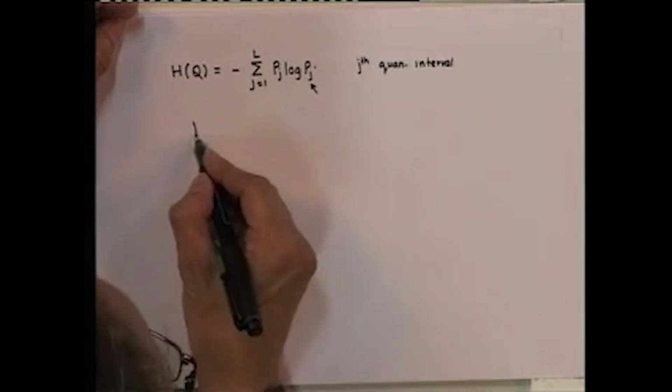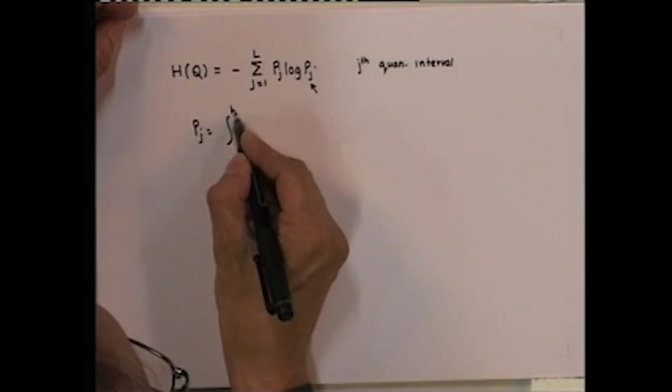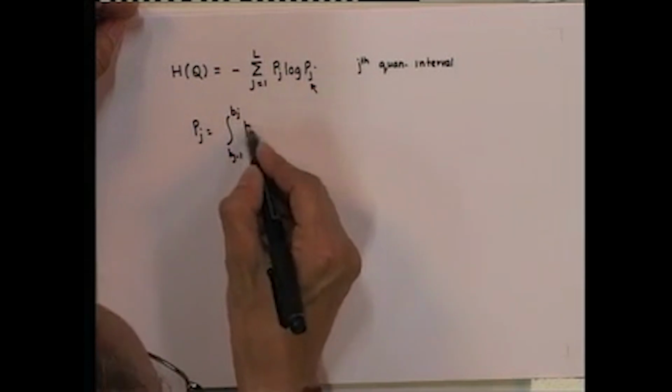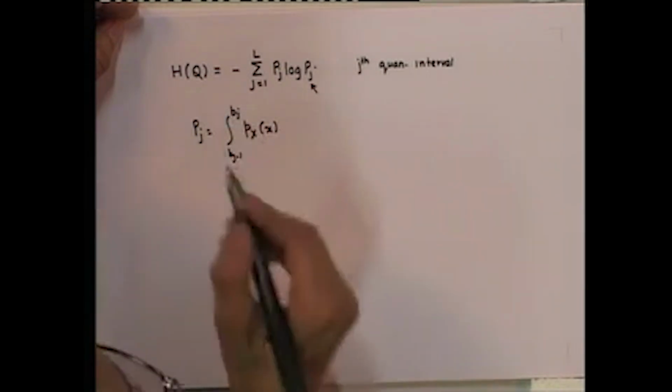And this probability P_j is given by integral of the PDF over the interval b_{j-1} up to b_j.